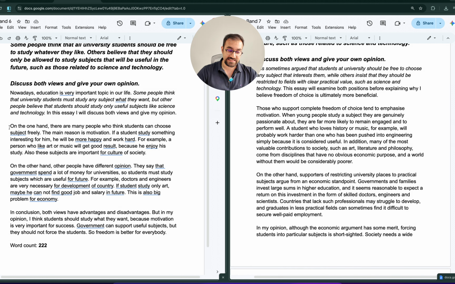In the Band 6 essay: "On the one hand, there are many people who think students can choose subjects freely." Well, this is a topic sentence, but it doesn't tell me exactly what this paragraph is going to be about. Why? Because the topic sentence, the very first sentence of your body paragraph, clearly has to state what your paragraph will be about.